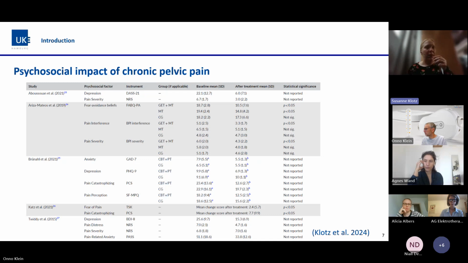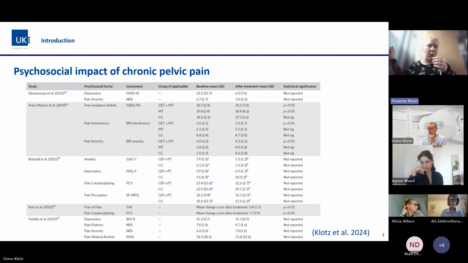Most of the studies, as you can see in the last column, do not report the statistical significance of these results. What we can see is that depression and anxiety symptoms are decreasing, as well as perceived pain severity. So there are clues that interprofessional management is helpful.